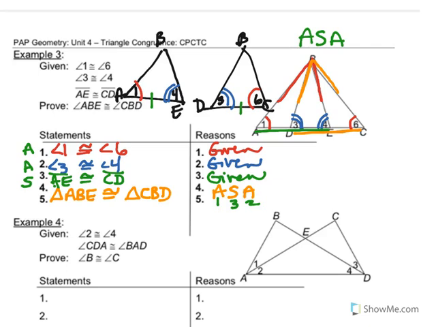So now that we know that, we can say that angle ABE is congruent with angle CBD. So this angle is congruent with this one. So let's go ahead and put our markings there.